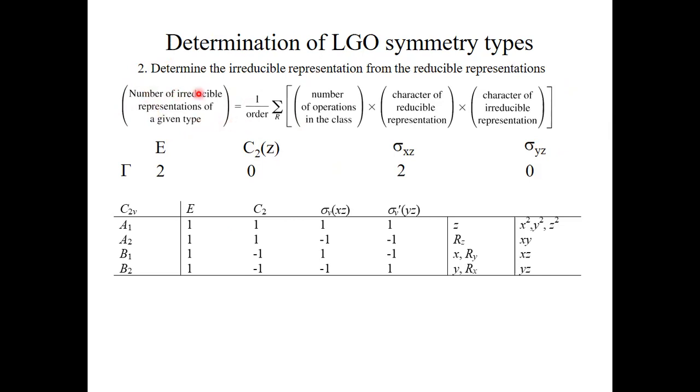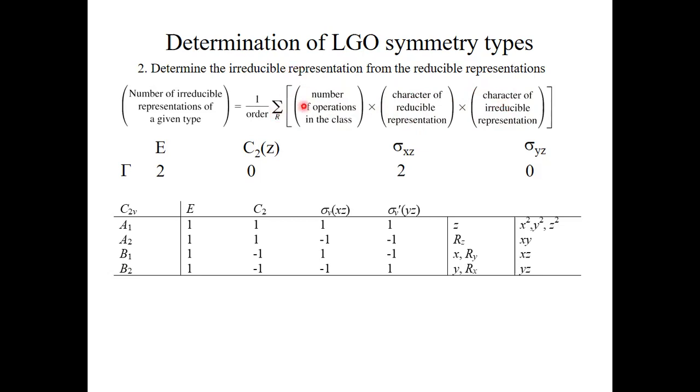So it says that the number of irreducible representations of a given type, and we mean here a symmetry type, so in C2V, that could be either A1, A2, B1, or B2, is equal to 1 over the order of the point group, in C2V that would be 4, times the number of operations in the class, where by class we always mean a column, times the character of the reducible representation, times the character of the irreducible representation.